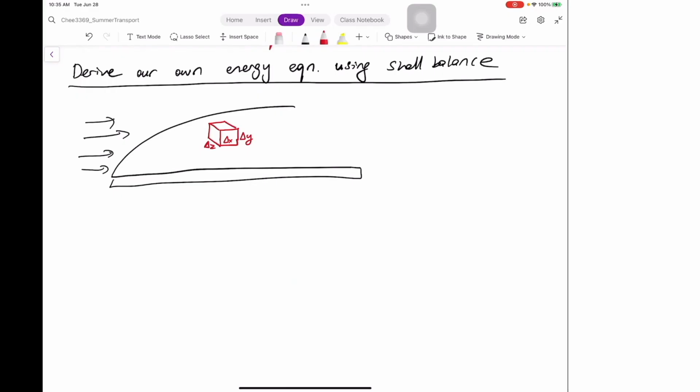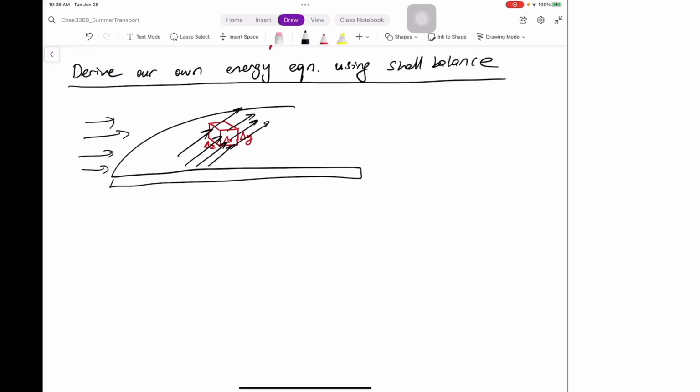And then imagine that the streamlines are going along this direction. They're entering and exiting your shell. You can think of it like a general case where you have some fluid stream, and we're going to take into account how much heat is being added to the system, how much heat is exiting the system, and so on.